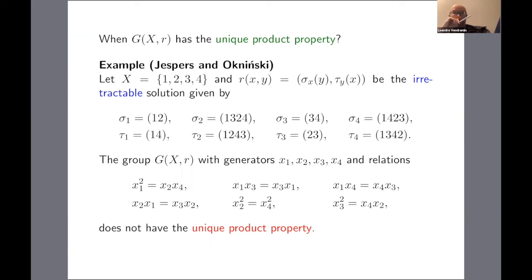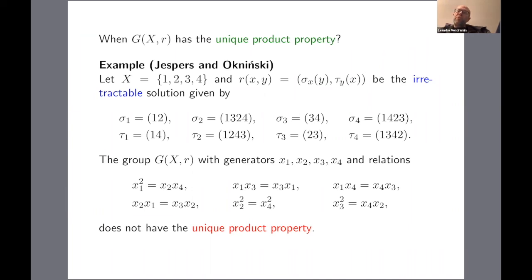And here I have a concrete example that appears in this paper of Jespers and Okniński, also in the book Noetherian Semigroup Algebras of Jespers and Okniński. So you take a solution of size 4 given by all these permutations that I have there. This is an example of a solution that cannot be retracted.